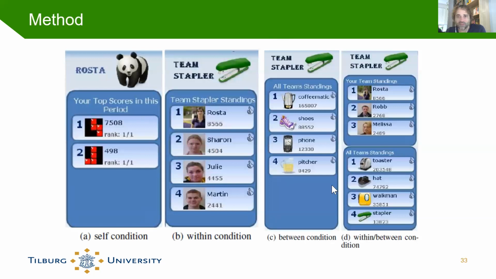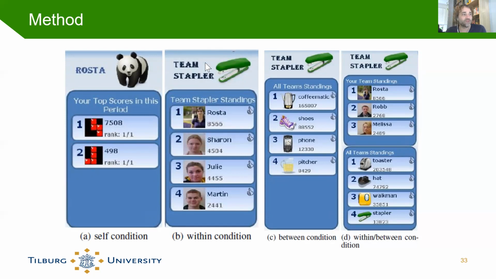And that's what the final paper also found. They had a kind of game that people played, in which they either played individually or as a team.